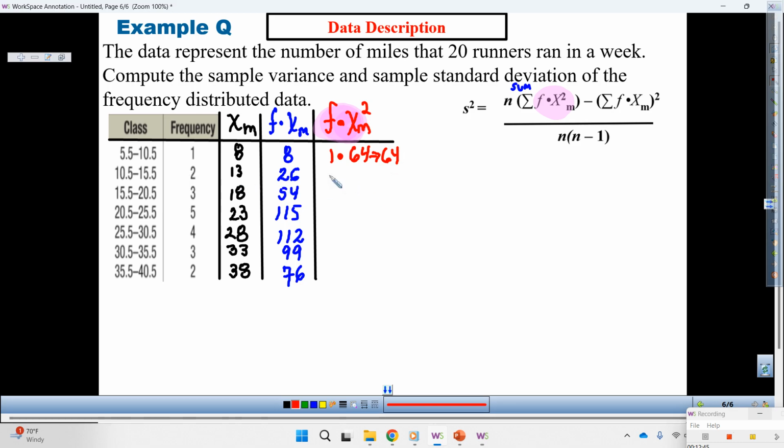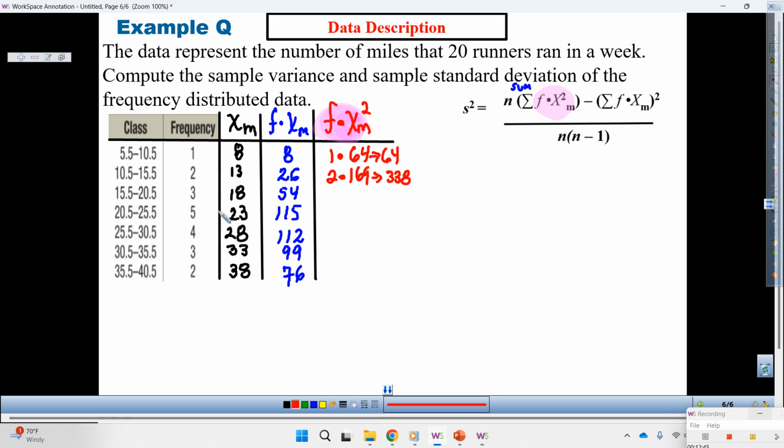Next one, 2 times, what is the midpoint? 13. But squared, what is 13 squared? 169. So 2 times 169. Calculators calculate. 338.